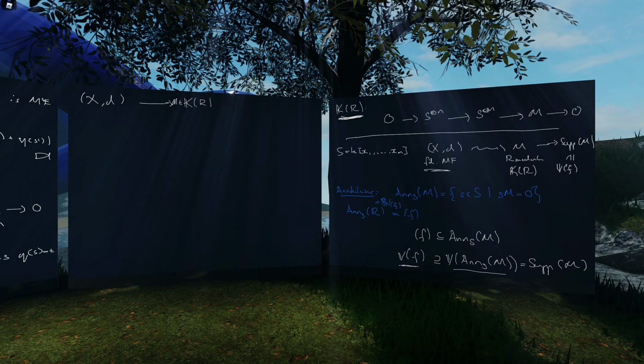We've just shown, well, I haven't defined the functor, but if we had defined the functor, what we've just shown is that this functor is essentially surjective, but it doesn't induce an equivalence of categories.